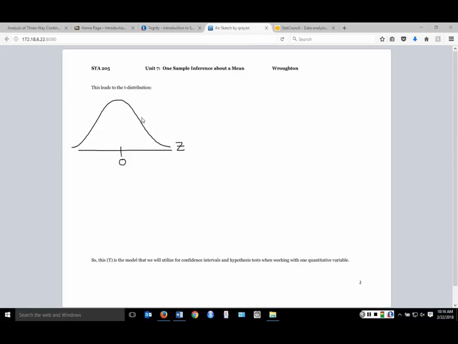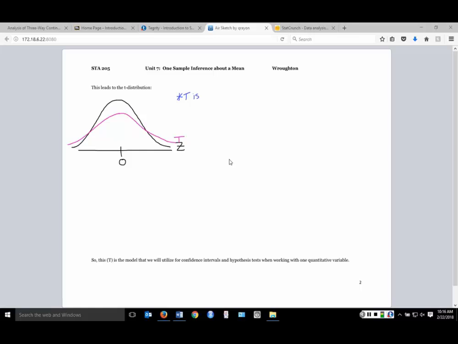Now that you have your idea of what Z looks like, what T is like is basically a squished Z. I'm going to give myself a little point here for reference. So that's what T is going to look like instead. So here are things that are true about it when I'm comparing the two.